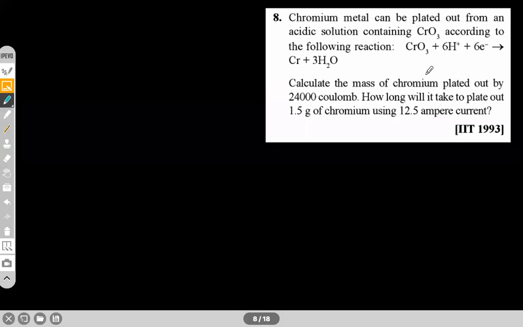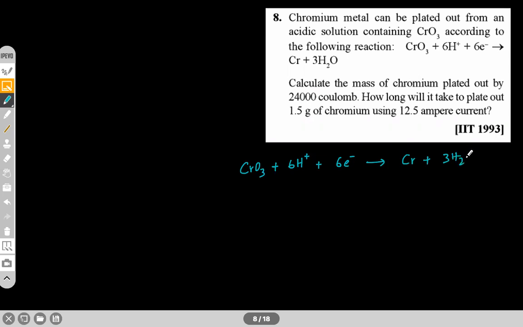Okay. So you see this reaction, first of all, it is CrO3 plus 6H plus plus 6 electrons, this is the reaction we have, right?